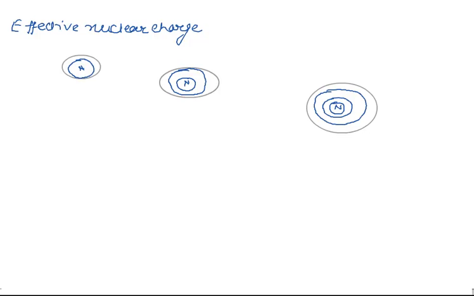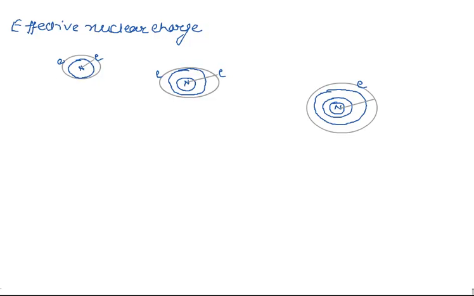Now what is happening, students? This nucleus is exerting force on the valence shell electron. In this case also it is exerting force on the valence shell electron, that is there are 2 again. And in this case this is also exerting force on the valence shell electron.